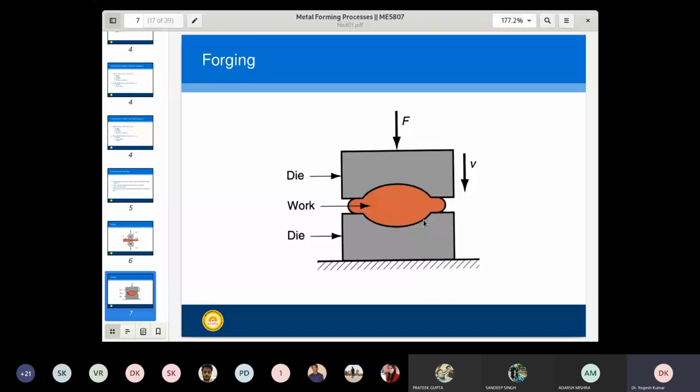As soon as we apply the forces on the tool, this workpiece is deformed into the desired shape, depending upon the shape and size of the tool and die.